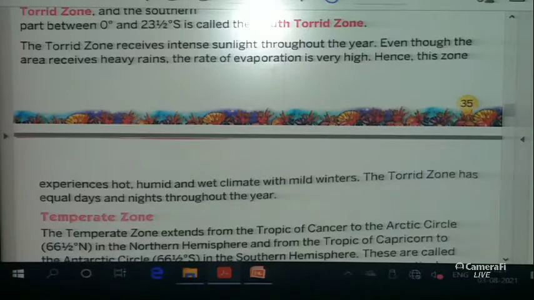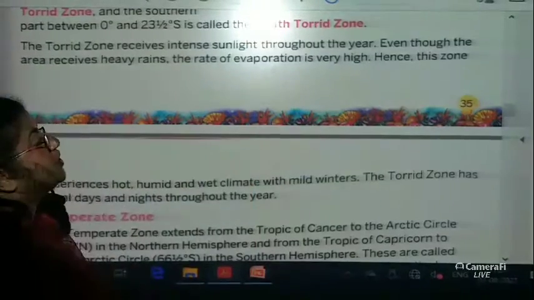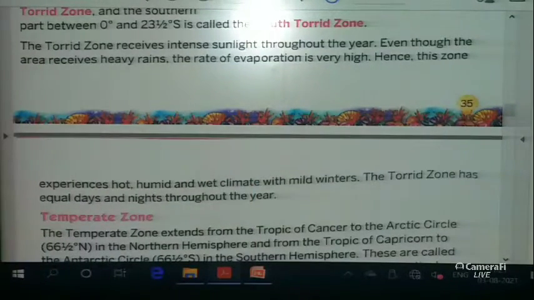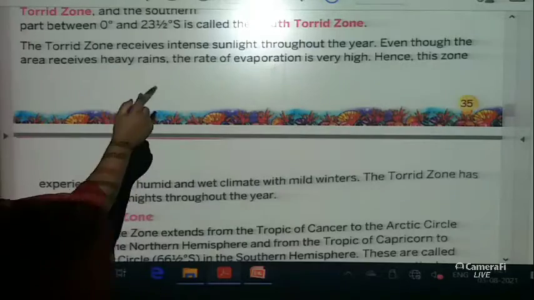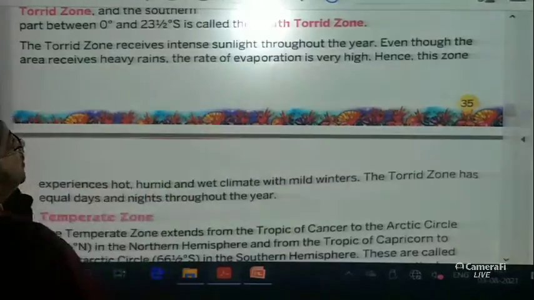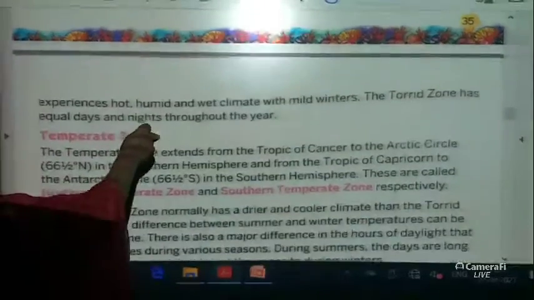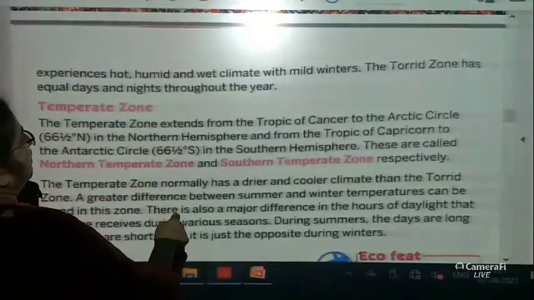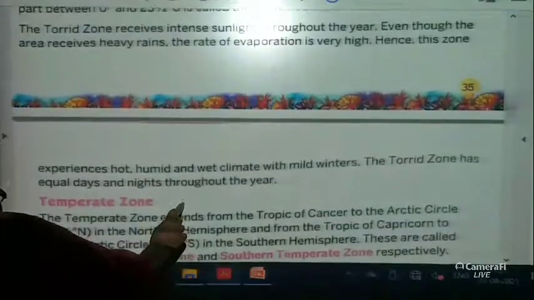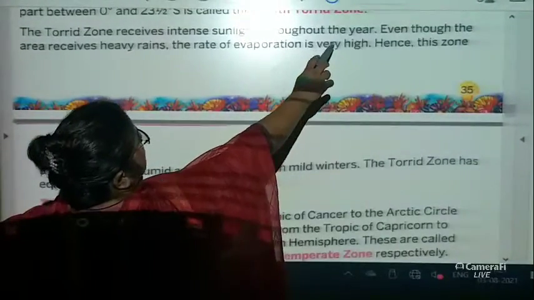Now children, it is quite obvious: there is heavy rainfall, but there is a high rate of evaporation. Why? Because of the sun rays. They are falling directly on this zone. That is why it gets evaporated very fast, and hence they experience hot, humid and wet climate. So you can underline from here: the torrid zone receives intense sunlight throughout the year.